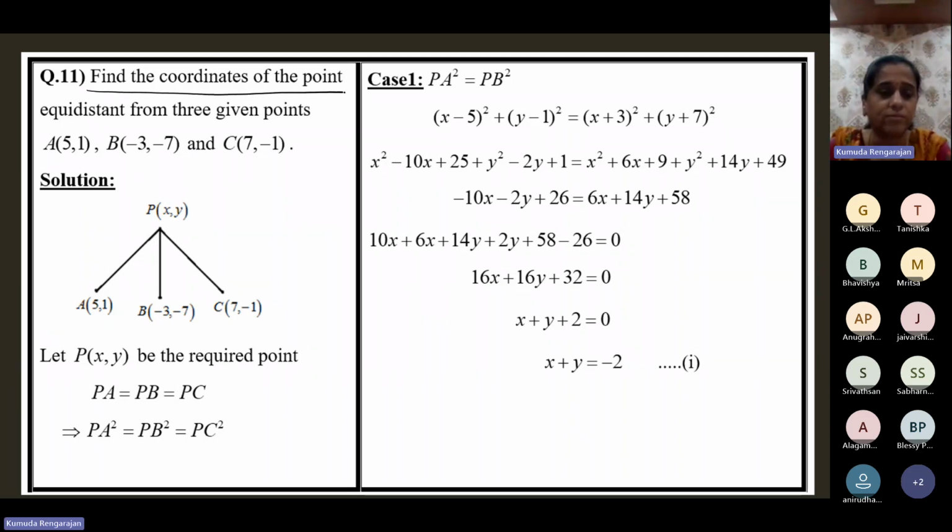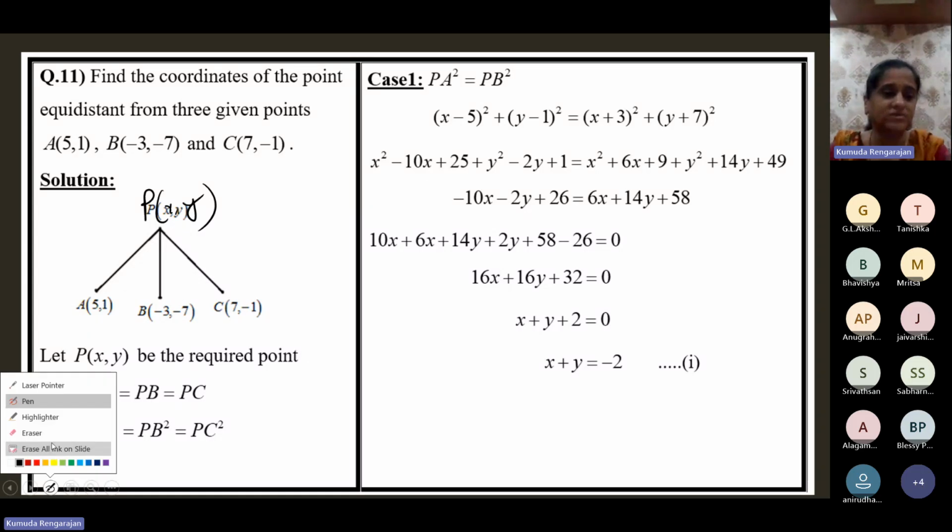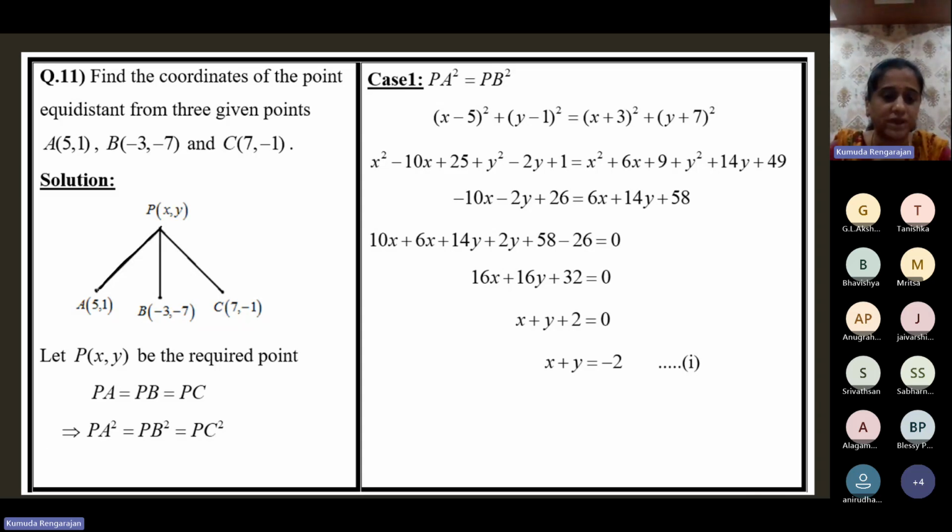Let P (x, y) be the point equidistant from the three given points A, B, and C, which means the distance PA is equal to the distance PB is equal to the distance PC.